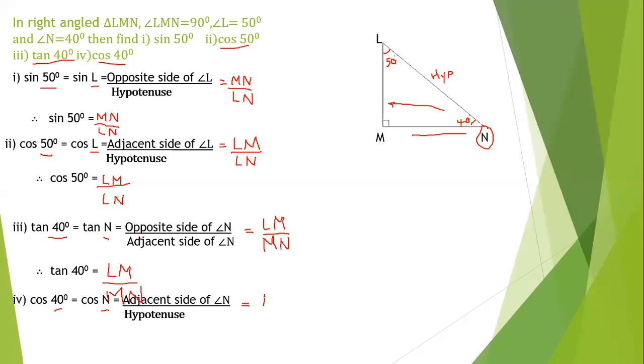So here we will write MN upon hypotenuse, that is LN. Therefore, cos 40 degree is equal to MN upon LN. Just go through the sum.